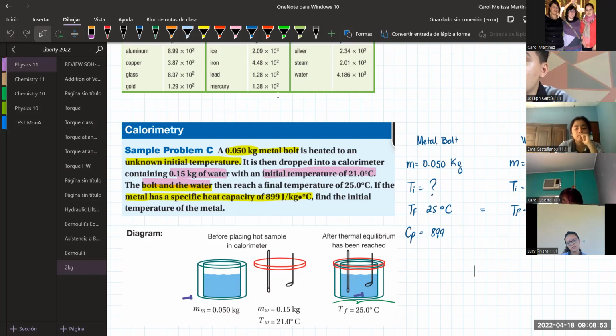Bueno, I was saying that the metal bolt has the specific heat capacity of 899 joules per kilogram Celsius, and then the problem says find the initial temperature of the metal, which means that we're going to focus on finding the initial temperature of the metal bolt.